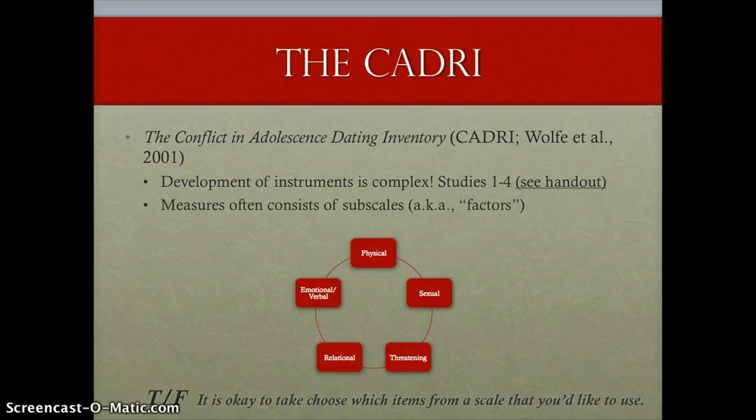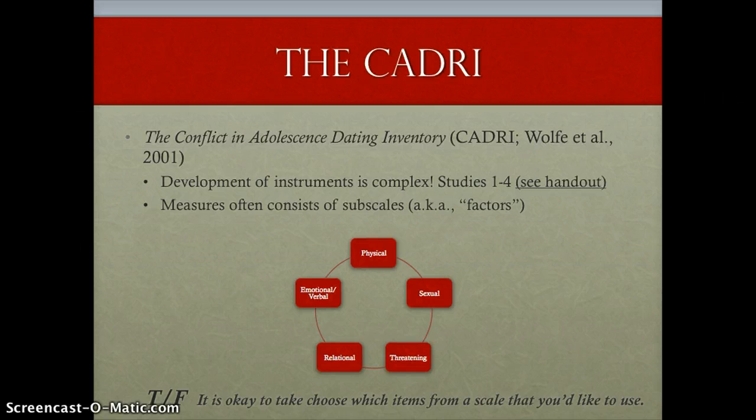So going into, for example, the study of teen dating violence, I can see that the CADRI is widely used. Working backwards in time, I can see it was developed in 2001, but since then a short form has been developed. Short forms are always fantastic, and I'll talk about that in a second.